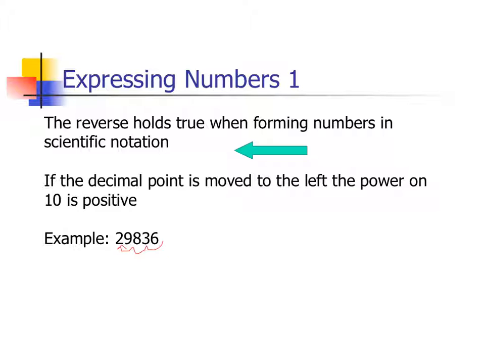And I can count my little loops underneath there, and I can see that my answer will be 2, I'll put a dot 9,836. And when we rewrite our numbers, we have to write all of those numbers because they were significant to us, as we see.